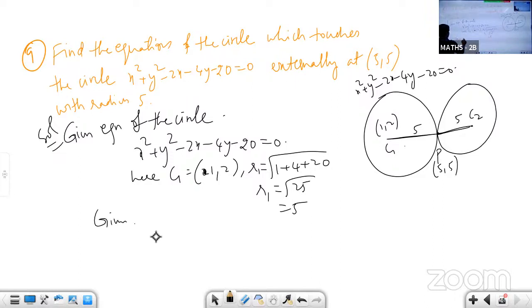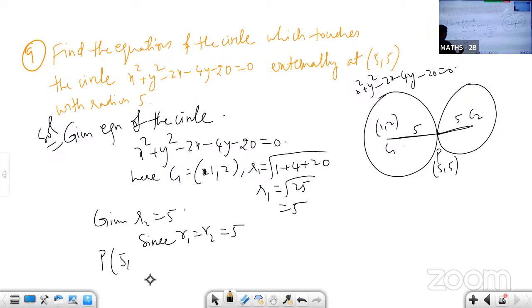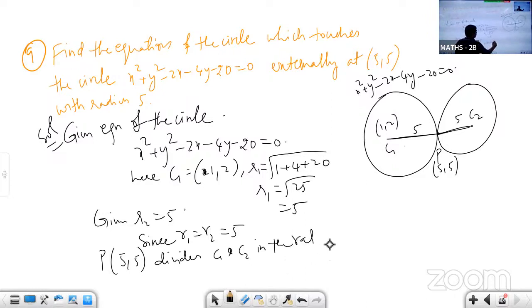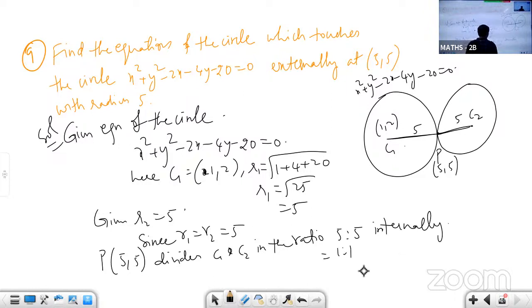Now given radius R2, let it be 5. Since R1 is equal to R2, both are equal to 5. The point P 5, 5 divides C1 and C2 in the ratio 5:5 internally, because the circles are touching each other externally, which is nothing but 1:1 ratio.